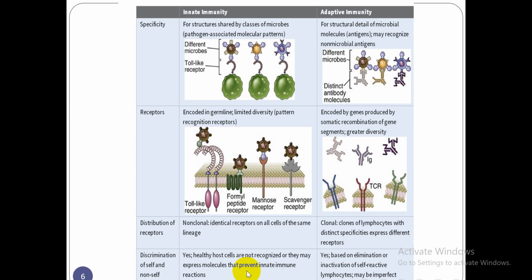In adaptive immunity, this discrimination of self and non-self is based on elimination or inactivation of self-reactive lymphocytes, and sometimes in some autoimmune disorders, this mechanism could be imperfect and could result in autoimmunity.